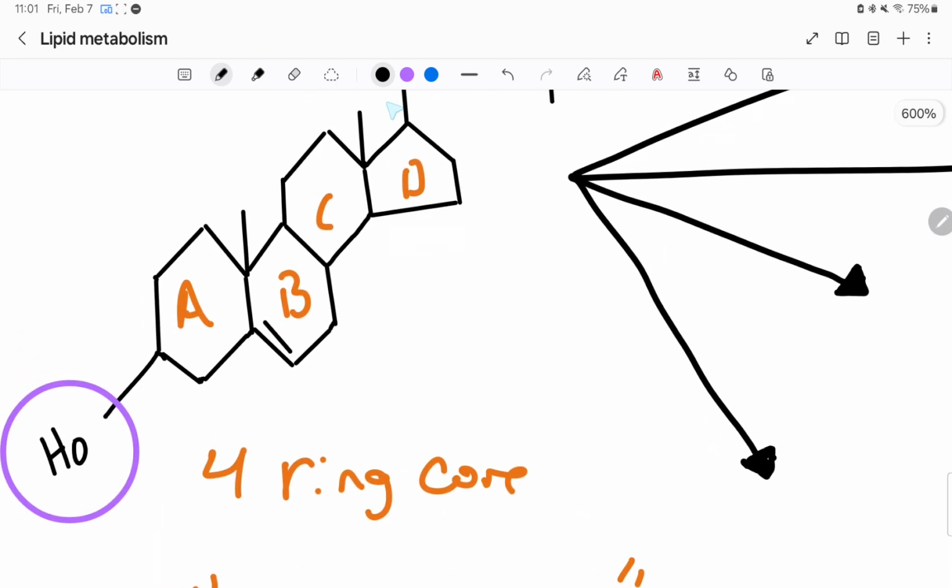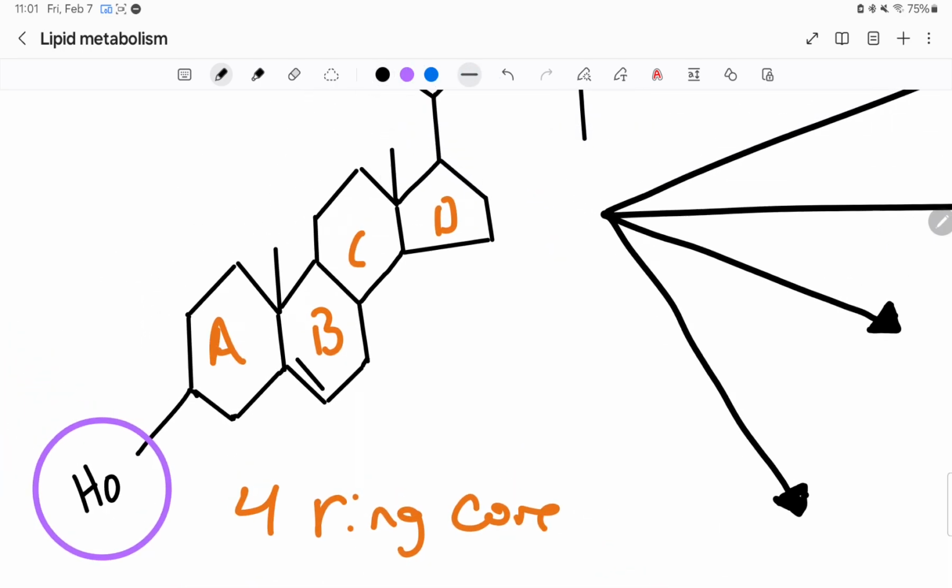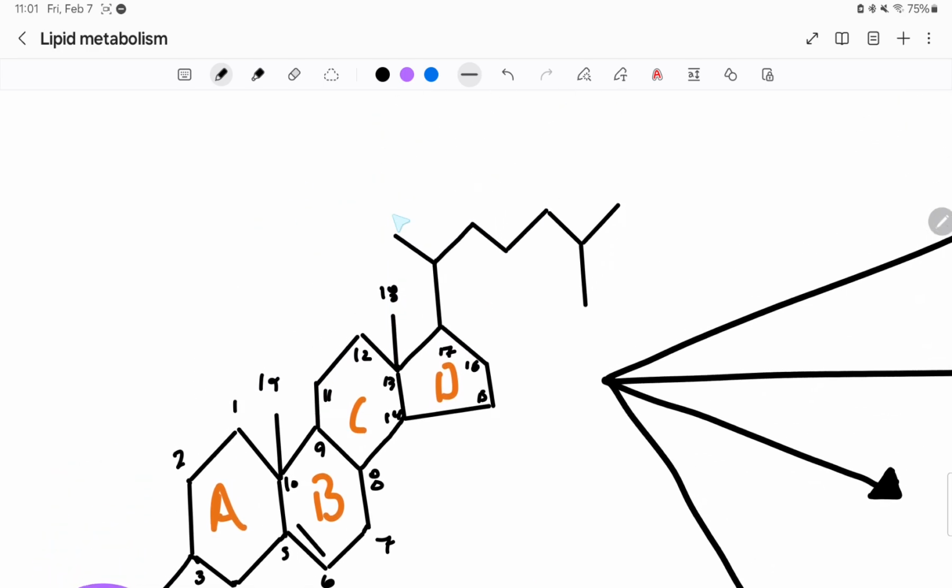And I'm telling you this right now, you don't need to know how to count this, but if you guys are curious, you got 1, 2, 3, 4, 5, then you go 6, 7, 8, 9, 10, 11, 12, 13, 14, you go 15, then 16, 17, 18, 19, and then you just start going from here, 20, 21, 22, 23, 24, 25, 26, and 27.